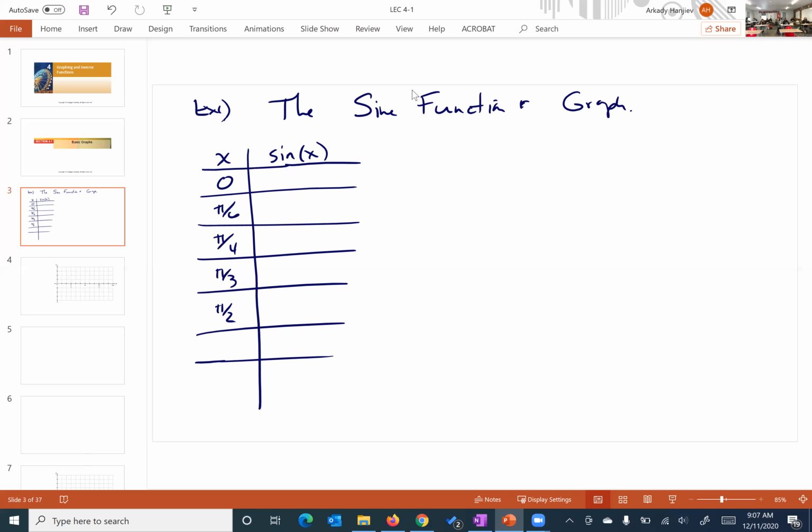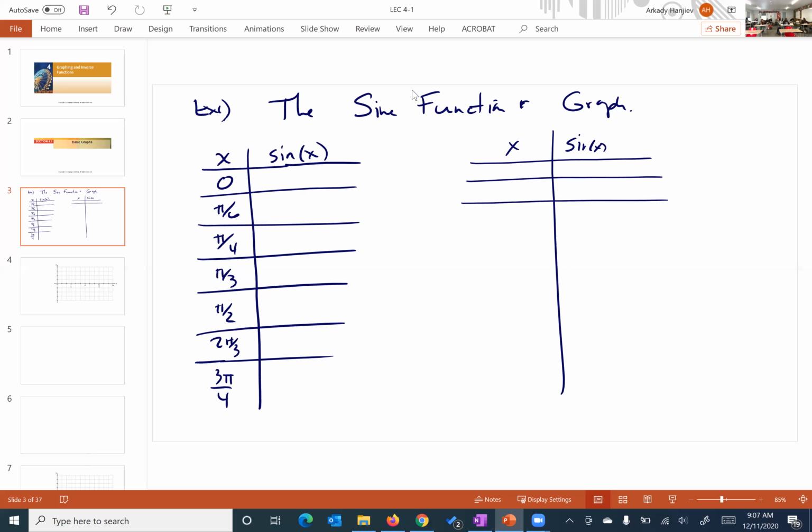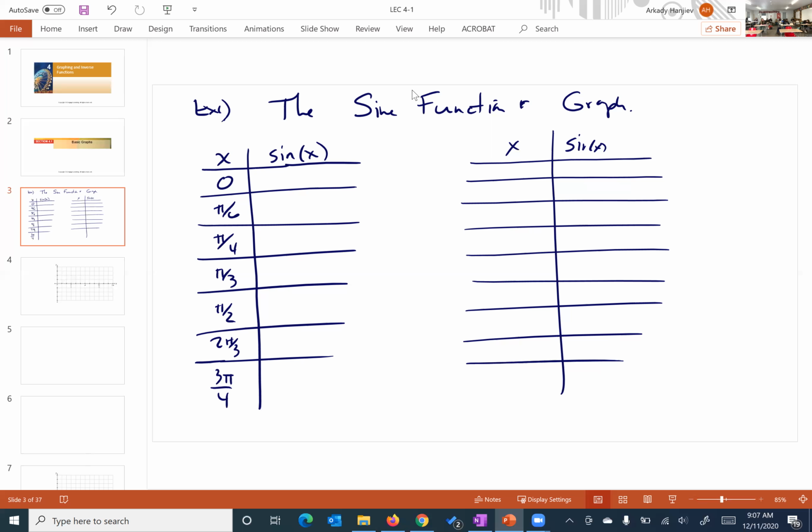Then I'm going to go around the unit circle: 2 pi over 3, 3 pi over 4. I'm going to continue the table, go a little smaller, so I get all throughout the whole entire unit circle. We stopped at 3 pi over 4.